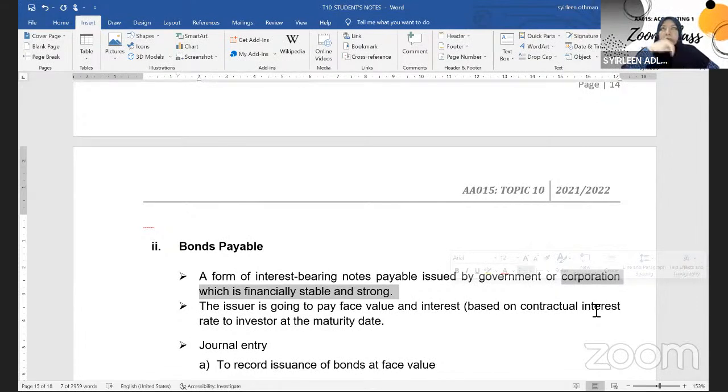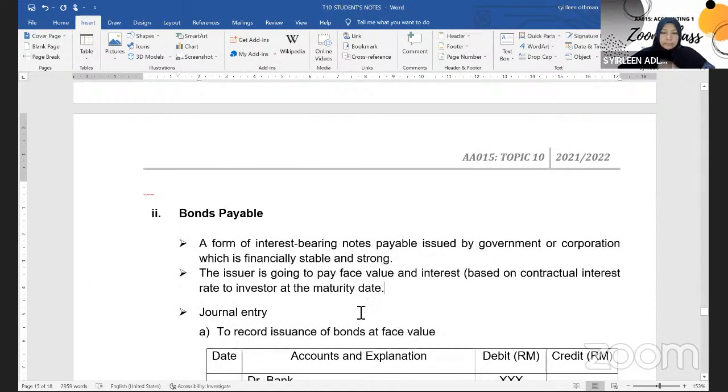So bila kita pinjam, you need to pay back the principal that you borrowed together with the interest, depending on the tenure of your agreement. Okay, so the issuer is going to pay a face value and interest, based on contractual interest rate to investor at the maturity date.